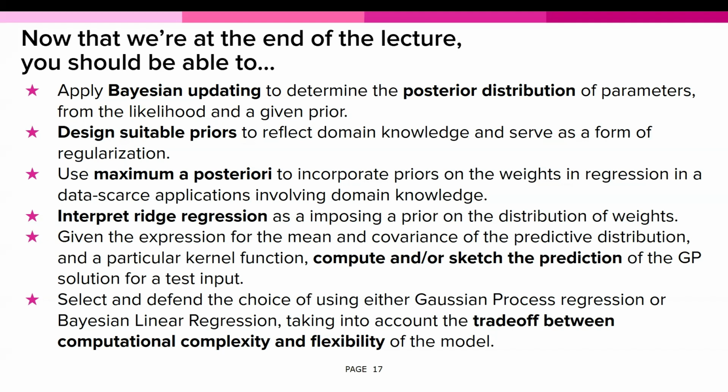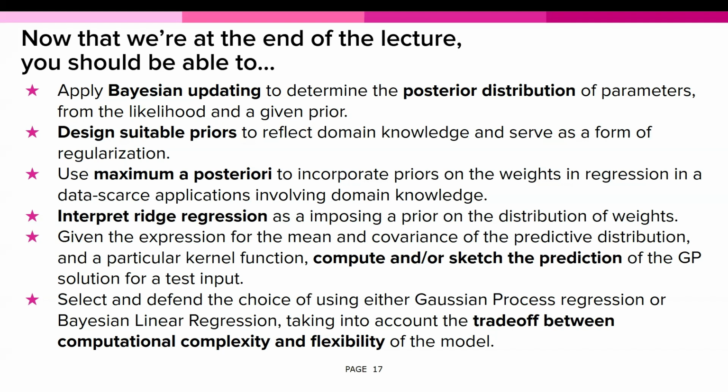And last but not least, we talked about how you can think about Bayesian linear regression either in terms of the function space view, with Gaussian processes, or the weight space view, which is closer to classical regression.